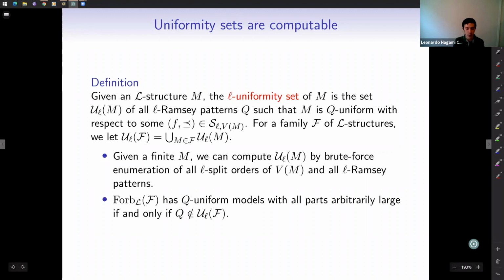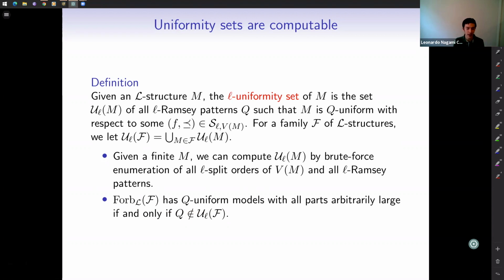And the second important property is that if I give you a family F, these uniformity sets are essentially saying something about whether the family F has very large Q uniform guys. Because this family has very large Q uniform guys if and only if this particular pattern here is not in the uniformity set of the family. This is why this definition is important.